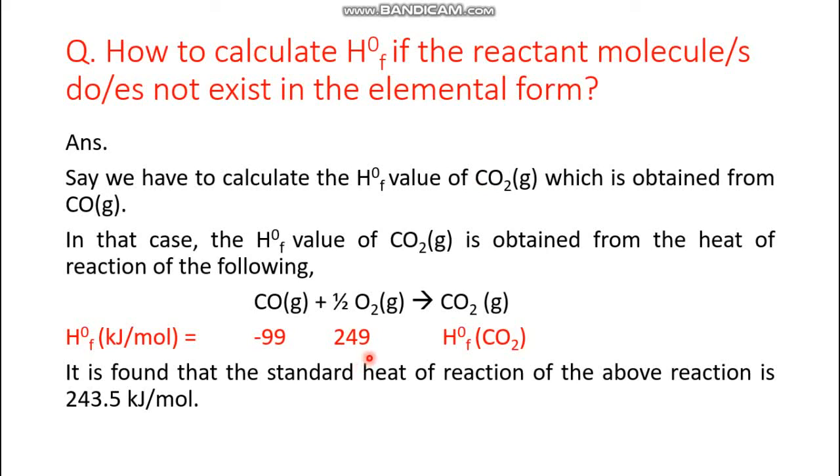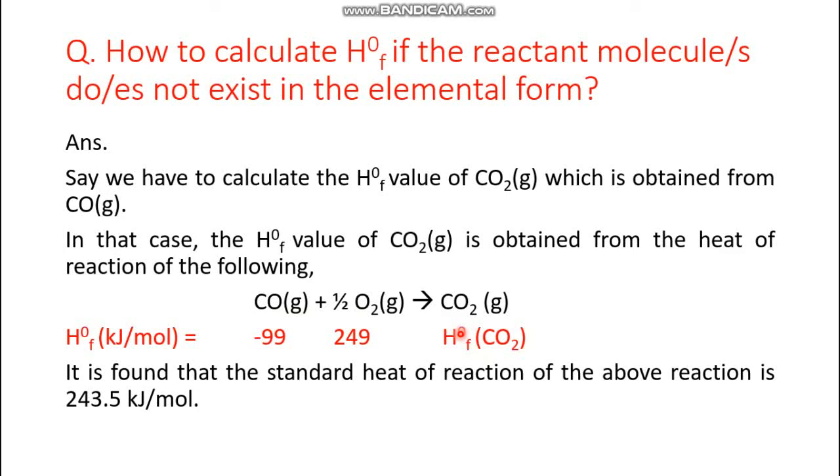So we write the equation like this: carbon monoxide in the gaseous form plus half oxygen in the gaseous form produces 1 mole of carbon dioxide in the gaseous form. These two values are known to us; we have just calculated them. This is minus 99 and this is plus 249 kilojoule per mole. So this value can easily be calculated, isn't it?